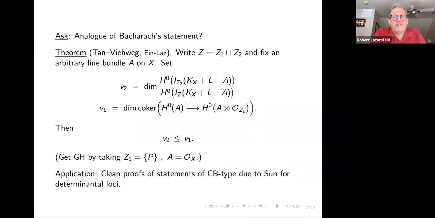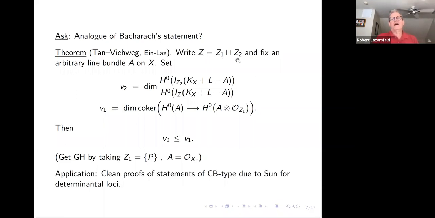There are results of Tan and Viehweg, and they essentially study that question. Now, with no disrespect to Tan and Viehweg, I think it's fair to say that they stayed pretty far away from a clean statement of what they were doing. So here's the result. It's essentially due to Tan and Viehweg, but I'll give Lawrence and myself a little credit in small print for actually stating the thing. But here's what I hope is the right statement.